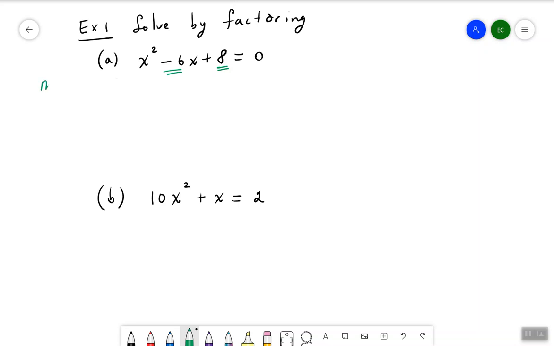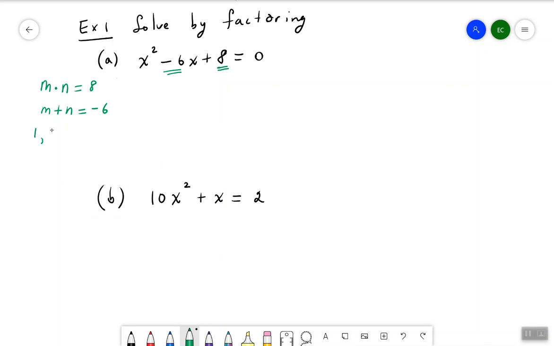We could write that out. We could say 2 numbers that we don't know, we'll call them m and n. M times n must equal 8, and m plus n must equal -6. You could go through and make a list of combinations like that. Maybe we should do that one time. What are 2 numbers that multiply to 8?